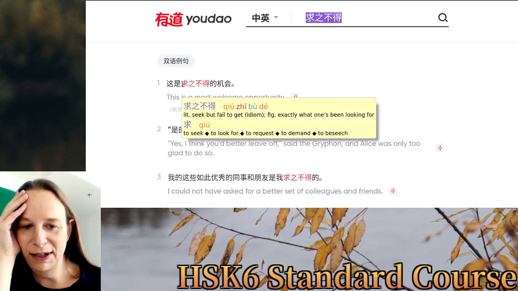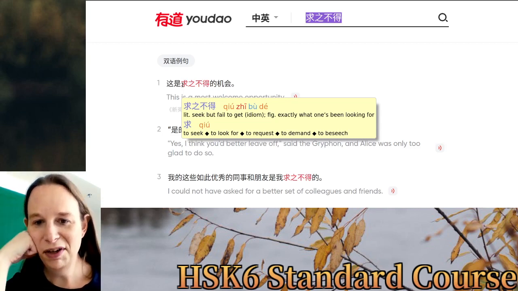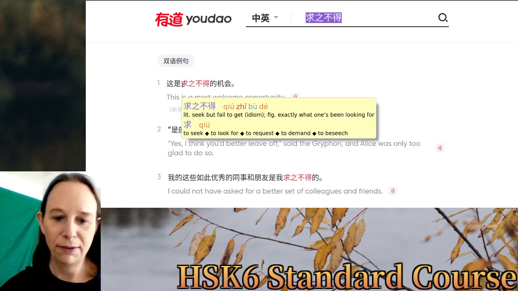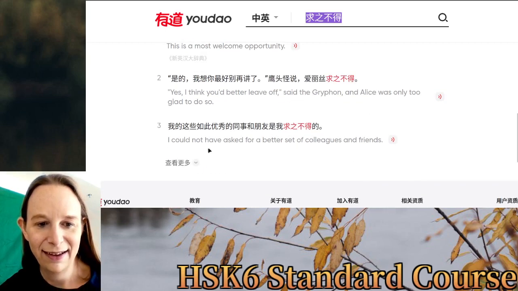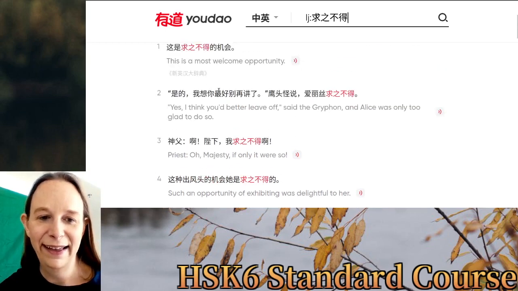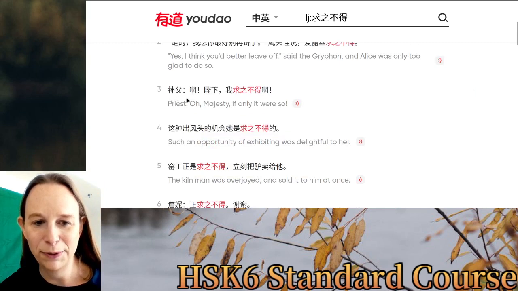What? Exactly what one's been looking for? What? Like the literal and figurative meanings are complete opposites. What? All right, so this 成语 is the complete opposite of what you would think it means. 神父陛下，我求之不得。If only was.